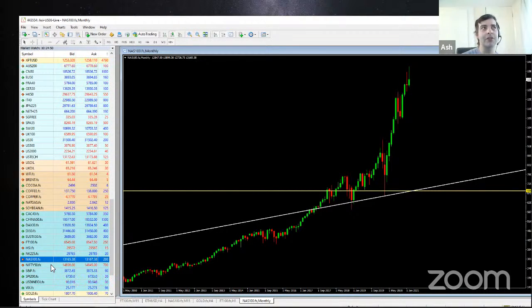But I just think it might be a case of rotation. The growth picture is not looking quite as rosy, particularly with that discounting rate. But the more domestic names that you'll find on the Russell 2000 should do pretty well.